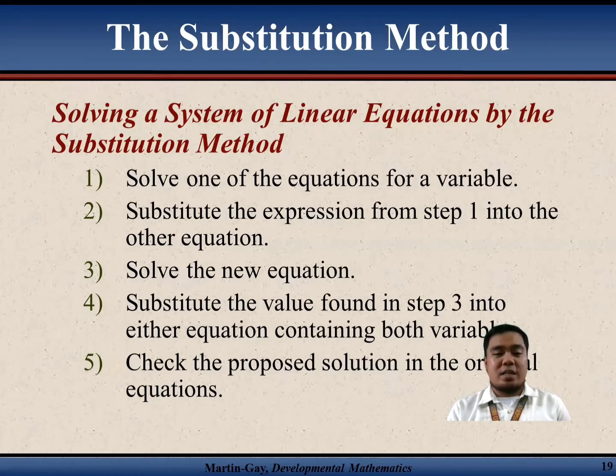Then if you can get the value of the variable, you will substitute that to get the other value of the variable. Then to check if the ordered pair, or the solution, is correct, you are going to do substitution. If that ordered pair will satisfy the given two equations, or will satisfy the system of linear equations in two variables.